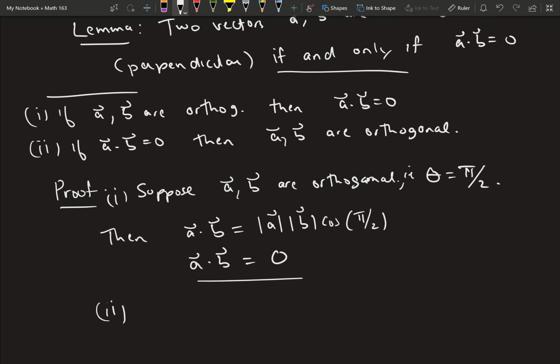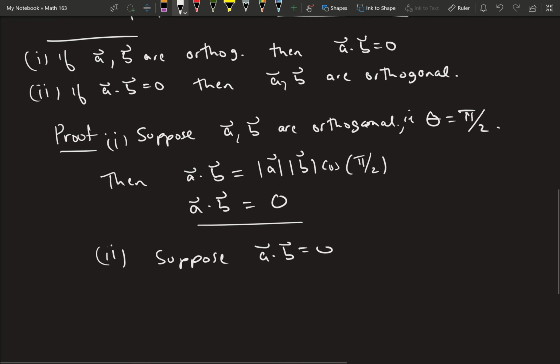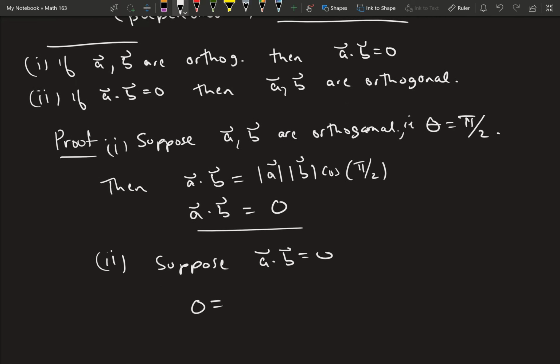Part 2, suppose A dot B is 0. Well, then we have 0 equaling the length of A, the length of B, cosine of theta. Dividing by these lengths, we're assuming these vectors are non-zero. Everything here, we always assume the vectors to be non-zero. So cosine of theta then is just 0.